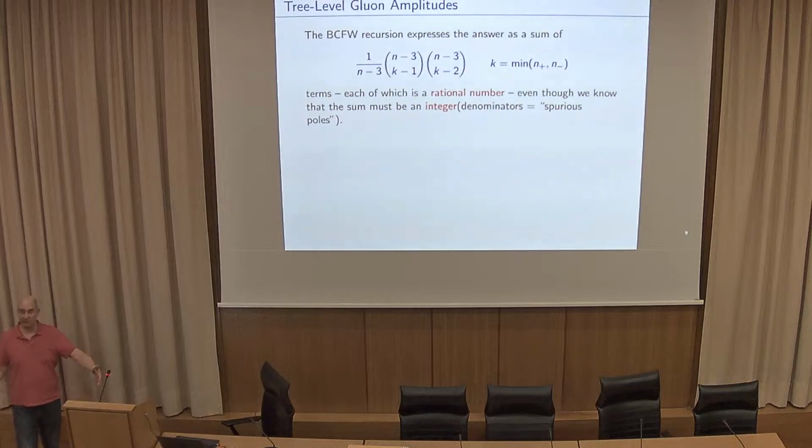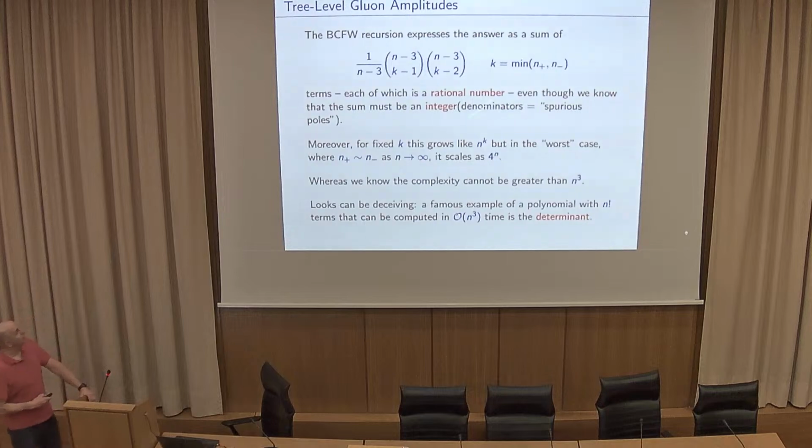Each one is a rational number, but magically they add up to an integer. And we call these extra denominators that appear in the individual pieces spurious poles. They're basically poles that have to sum to zero. They have to cancel out in the full expression.